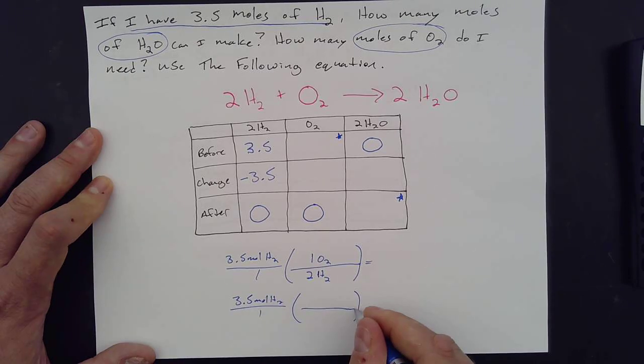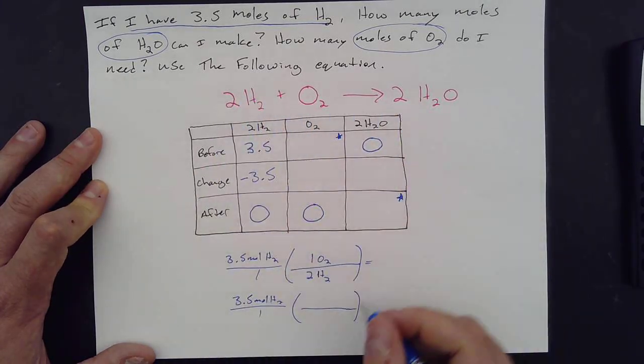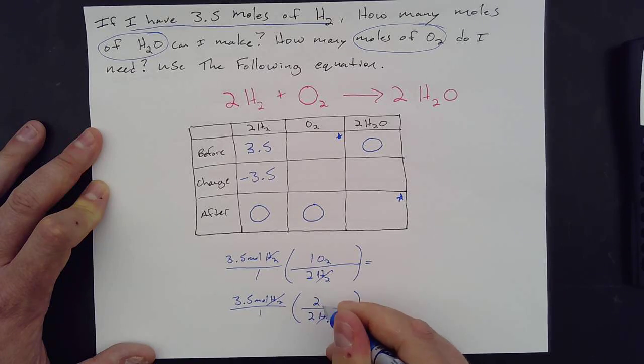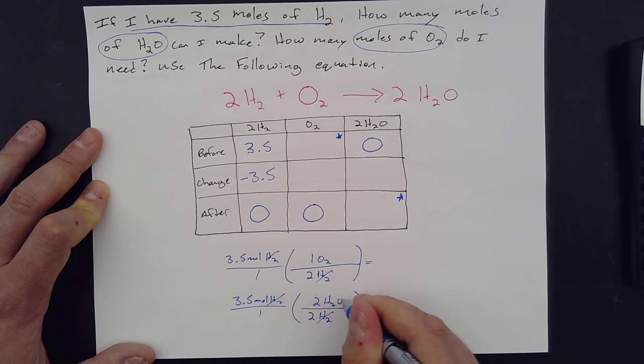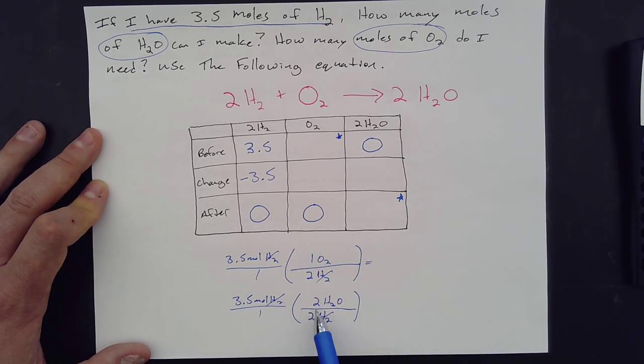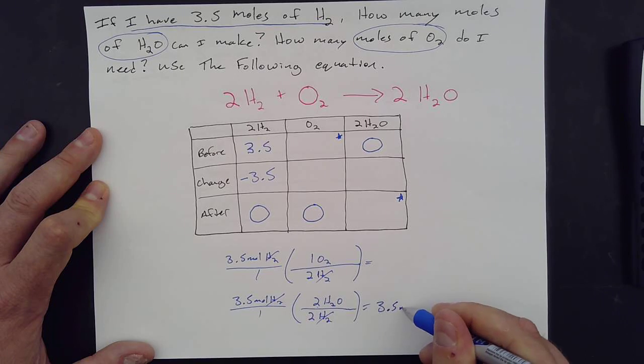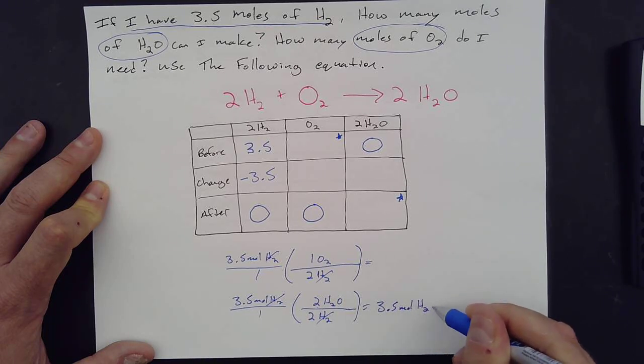We go back to this chemical equation. We got 2 H2s. So remember, we're still trying to cancel out these things, right? And then we have 2 H2Os. Well, right here, I can see 2 divided by 2 is 1. So I can just write across the board right here. So 3.5 moles of H2O.